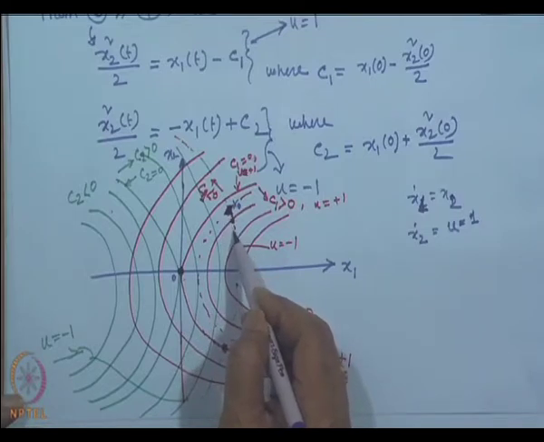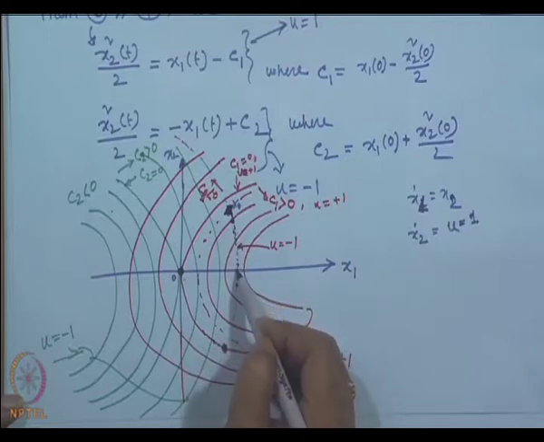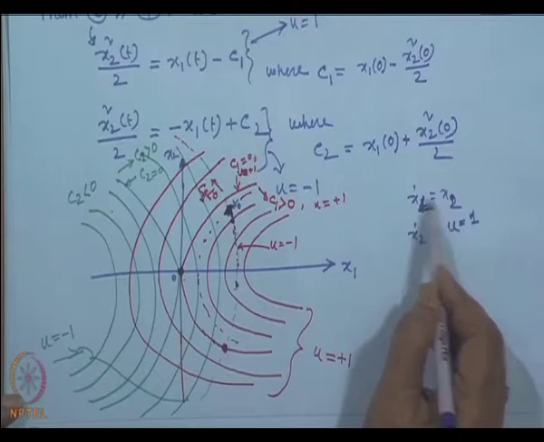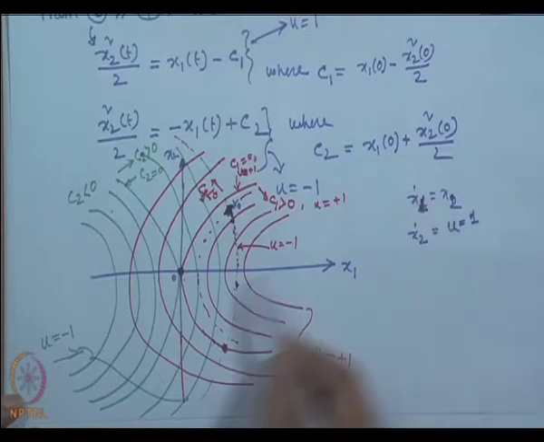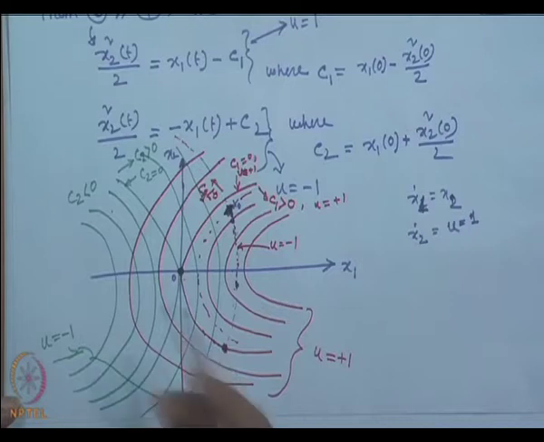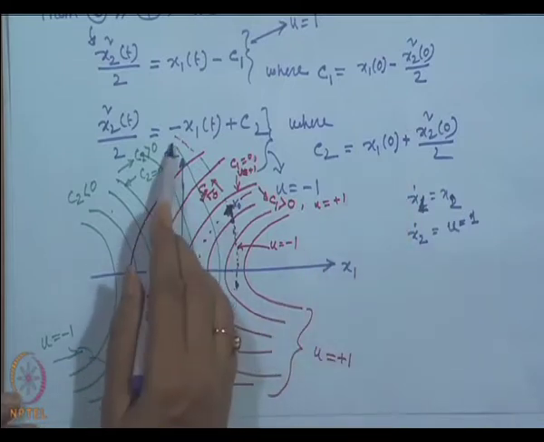So x1 is increasing in this way. When it is at this point, x2 value is negative, so x1 value should decrease. You see, from here to here x1 is decreasing. When it hits here, u value is changed. Previously u was minus 1.